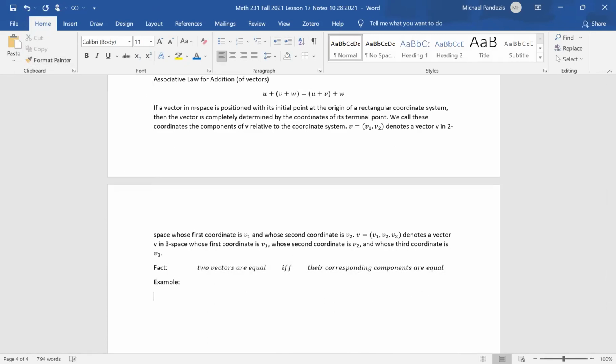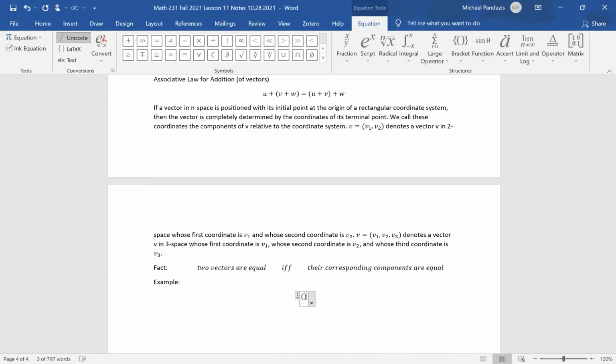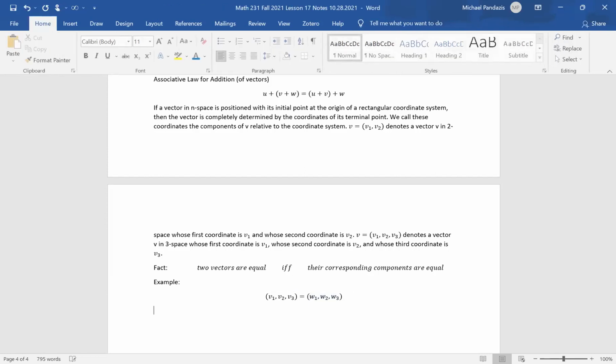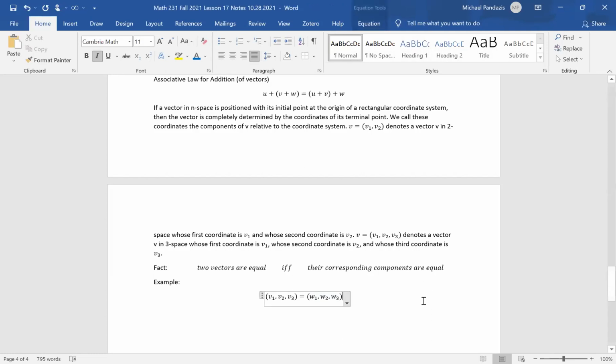So as an example, the vector V1, comma V2, comma V3 is equal to the vector W1, comma W2, comma W3 if and only if V1 equals W1 and V2 equals W2 and V3 equals W3.